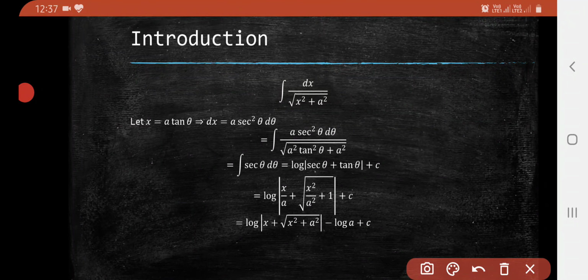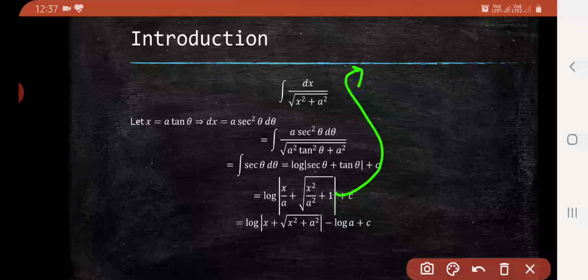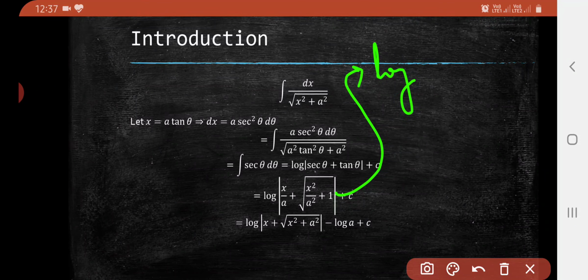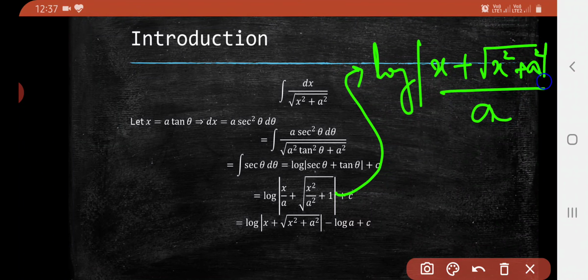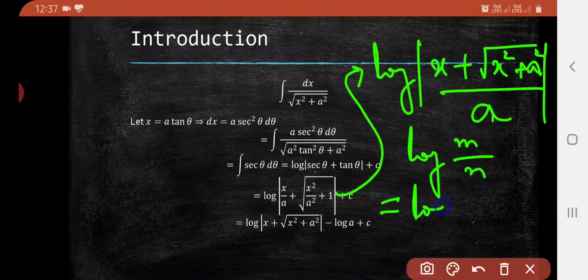Now obviously from here what we will get is log of mod of x plus under root x square plus a square by a. Now obviously we know that log of m by n equals log m minus log n.